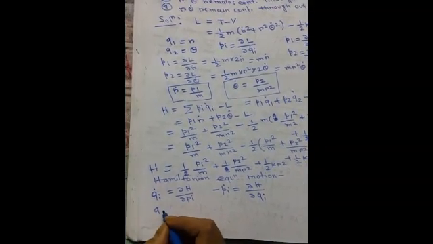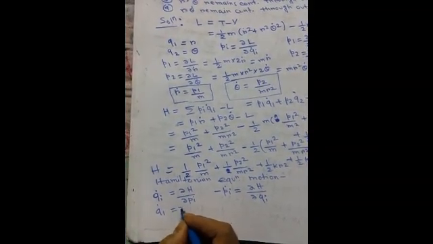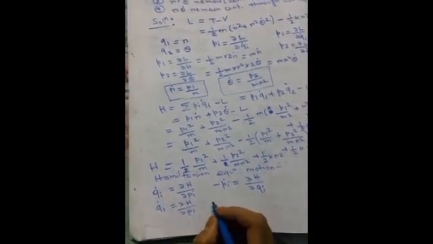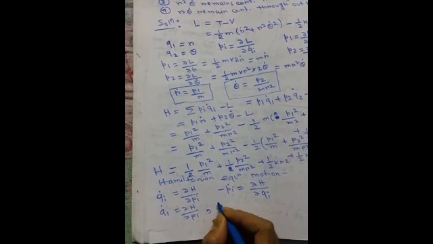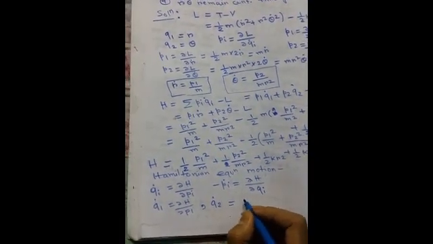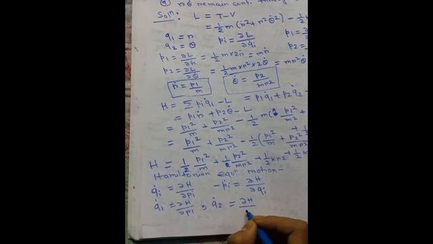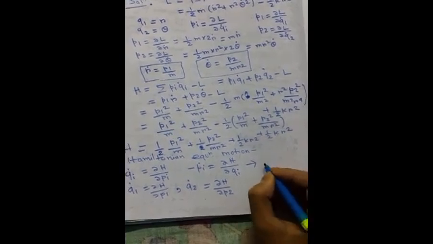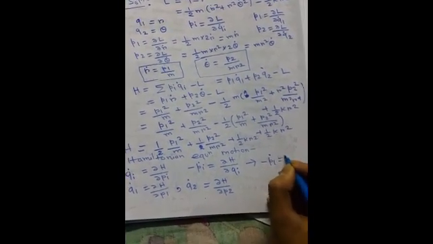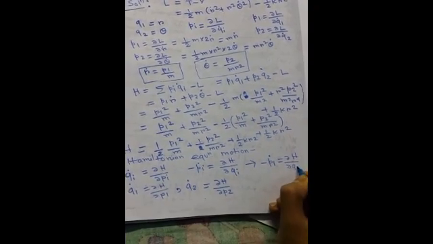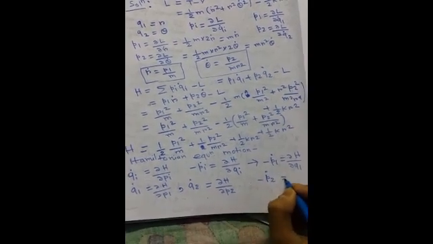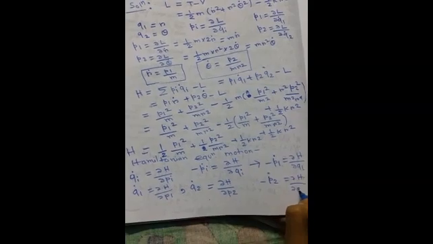Here i equals 1 and 2, so q1 dot equals del H by del p1, q2 dot equals del H by del p2, minus p1 dot equals del H by del q1, and minus p2 dot equals del H by del q2.